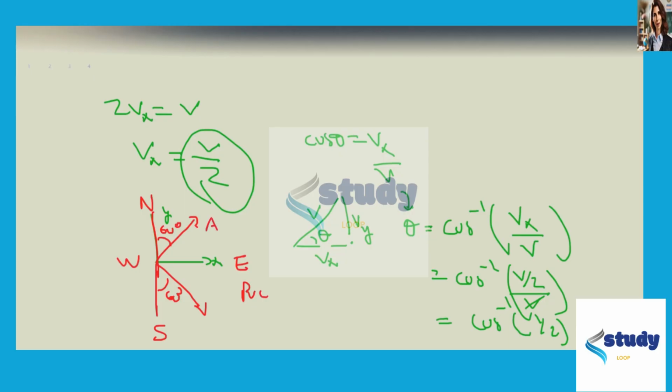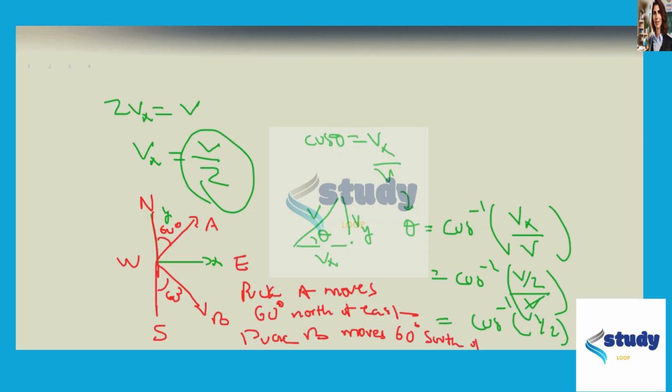This is pack A, and this is pack B. Pack A moves 60 degrees north of east, and then pack B moves 60 degrees south of east. So that's what we have in this problem.